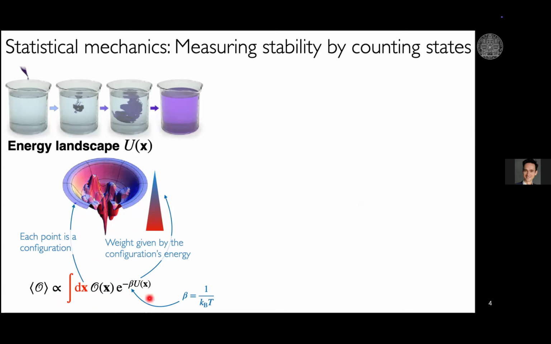And so this is the exponential of your energy function here. And so this is going to weigh the different microstates, and then you integrate all of them or sum them all up, and then you get your observable, which you can then relate to experiments.